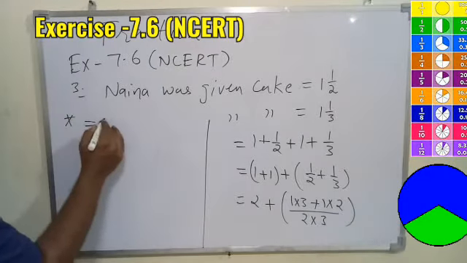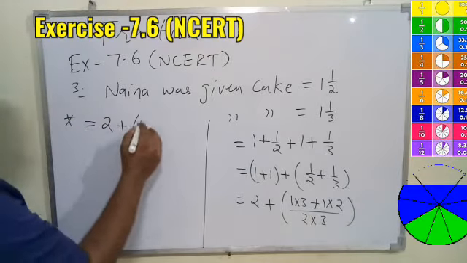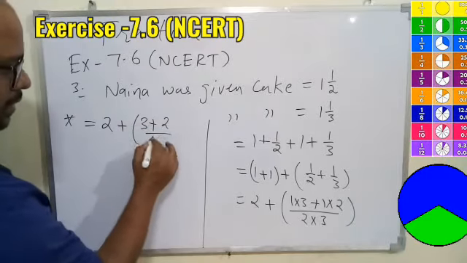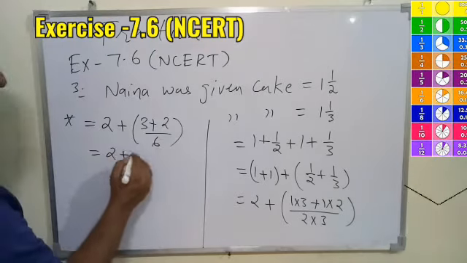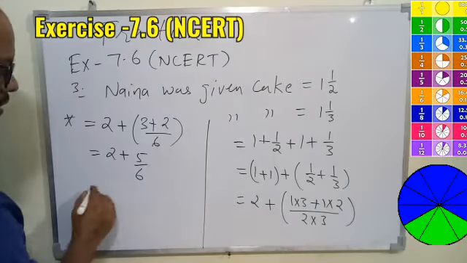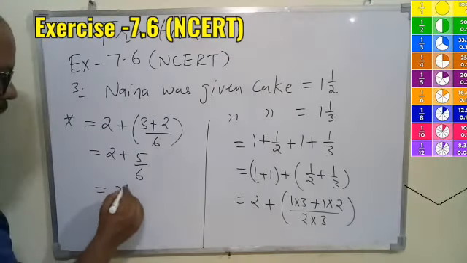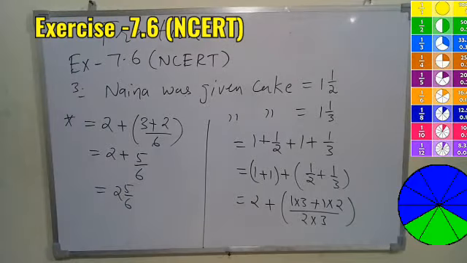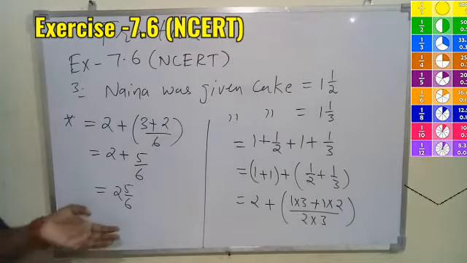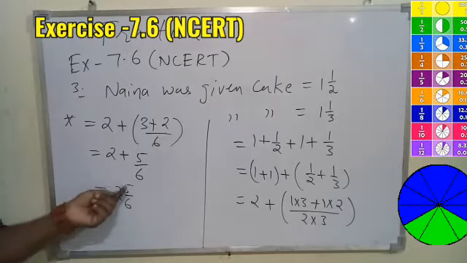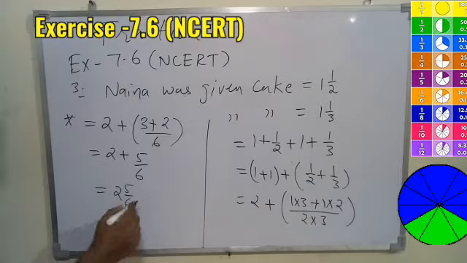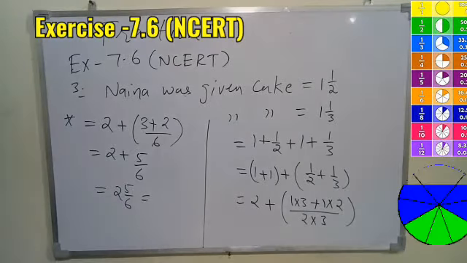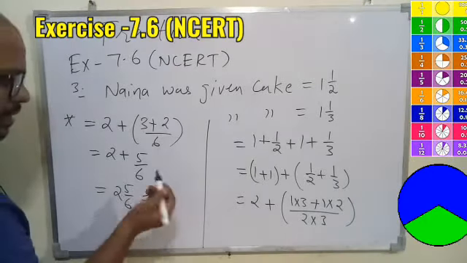So this is how much? 2 plus 3 plus 2 by 6. So that is 2 plus 3 plus 2, 5/6. So this is nothing but 2 5/6. So total cake that they got together is 2 5/6. Okay, so if you remember 6 2s are 12 plus 5, 17/6.